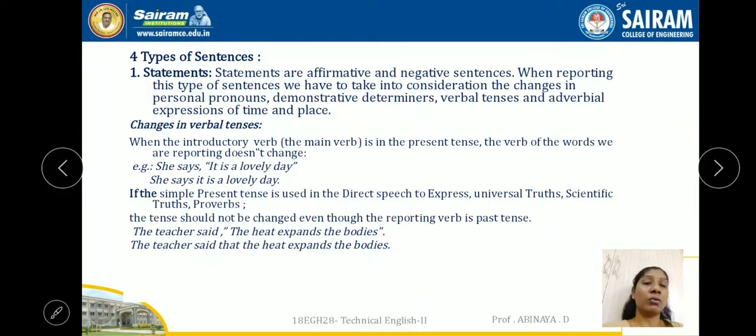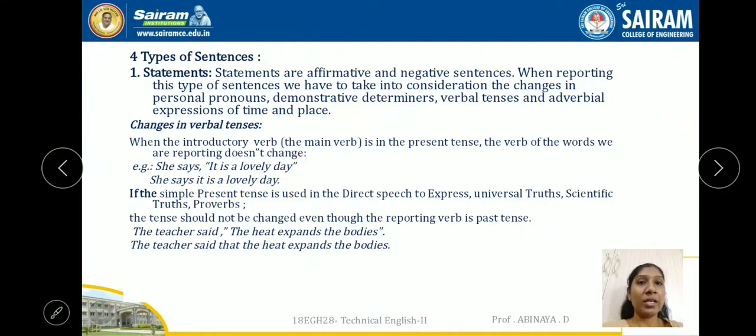And one more rule is there. What is that? If it is past tense, present tense or any tense, if you are going to quote a universal truth or fact, that time also you should not change the tense of the reporting verb.